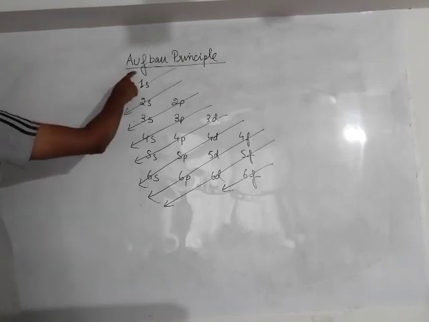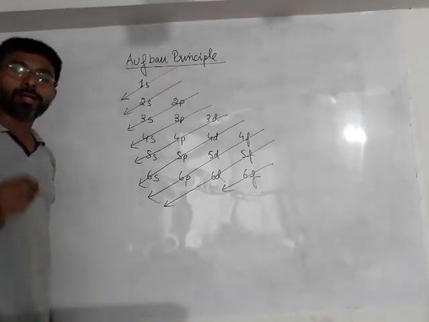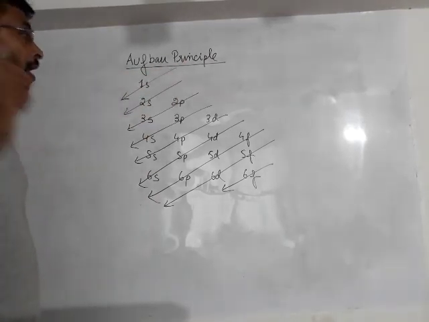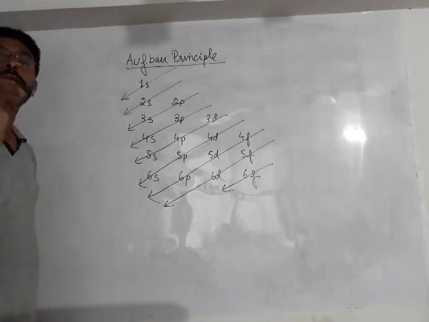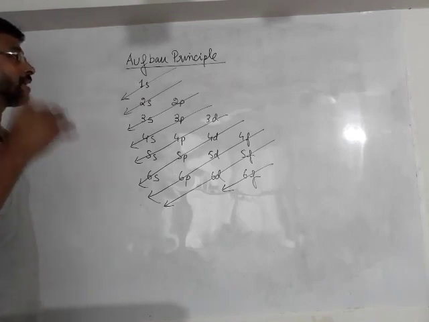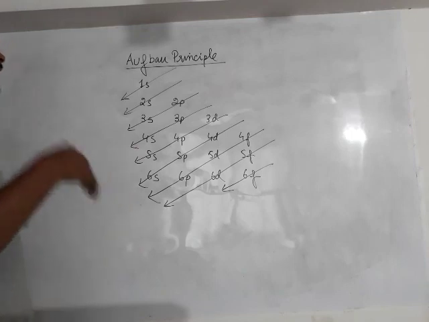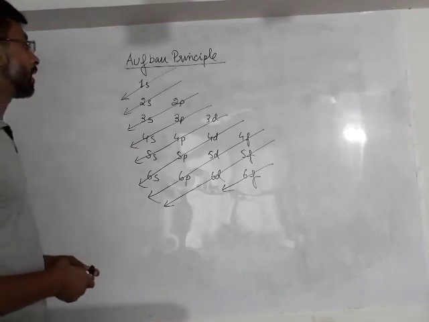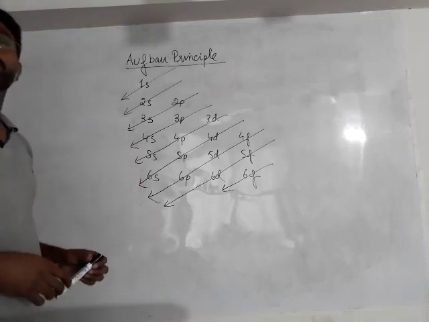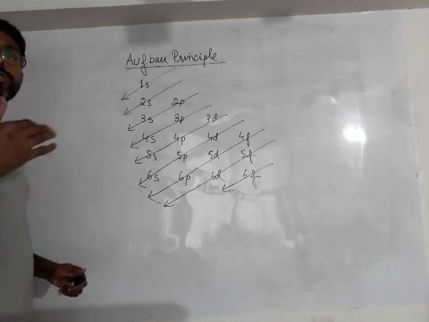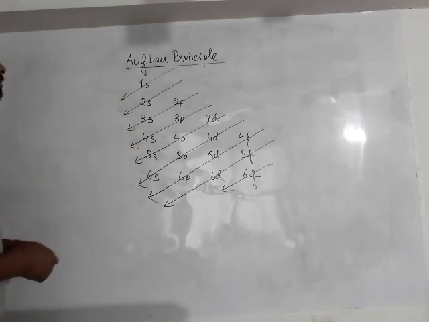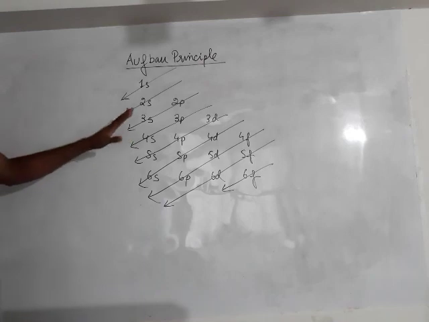Now, according to the Aufbau principle, electrons occupy the orbitals which possess minimum energy. And then as the number of electrons increases, the extra electrons start occupying the orbitals or subshells which possess higher energy. To understand this is very easy.